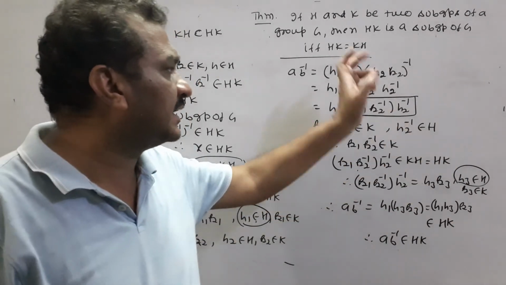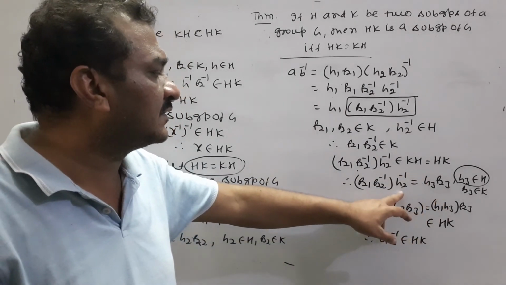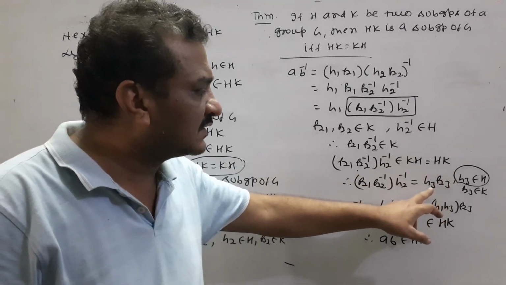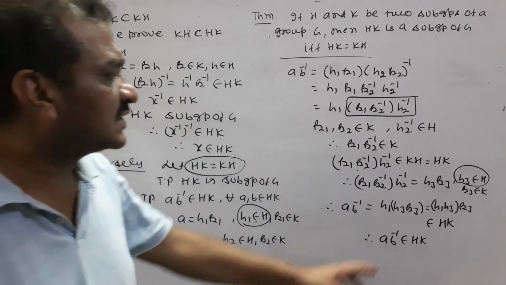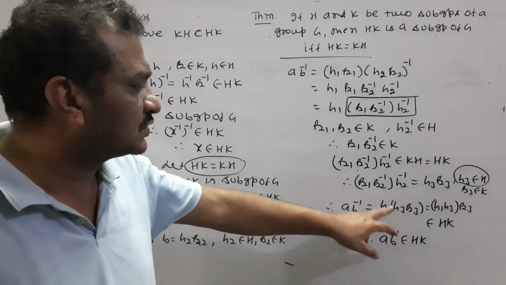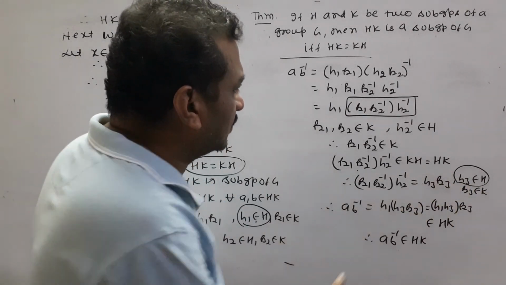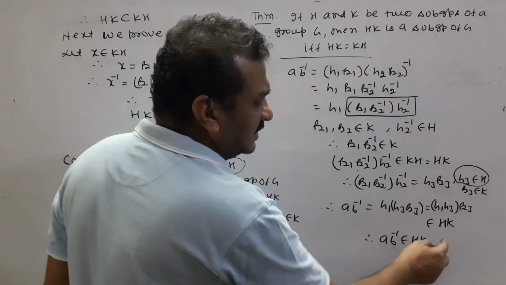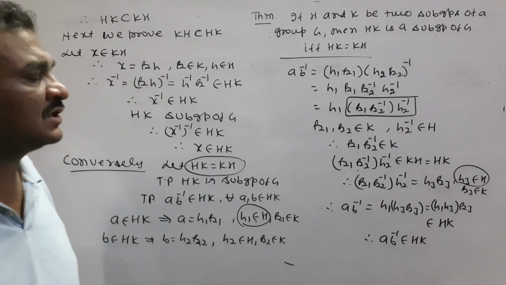KH is equal to HK. So this belongs to HK, with elements like h3 k3, where h3 belongs to H and k3 belongs to K. Then a b inverse equals h1 h3 k3, with h1 h3 in H and k3 in K. So a b inverse belongs to HK. This proves HK is a subgroup.